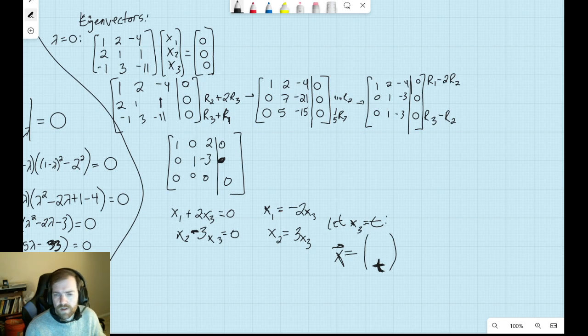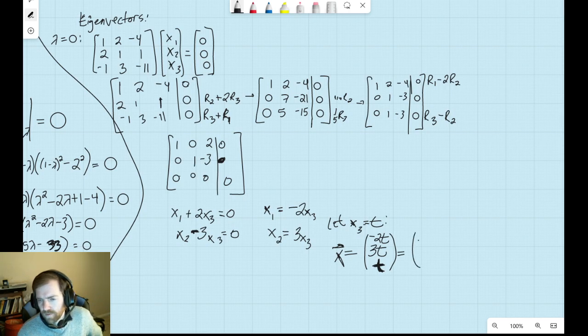Okay, so if we let x3 be t, then x2 is going to be 3t, x3 is t, and x1 is going to be negative 2 times x3, which is t. So now we have our eigenvector, negative 2, 3, and 1.